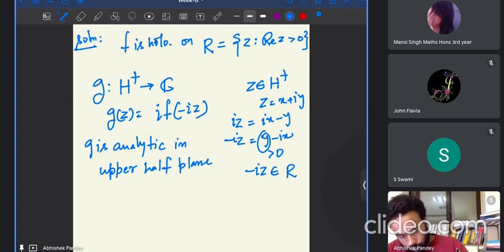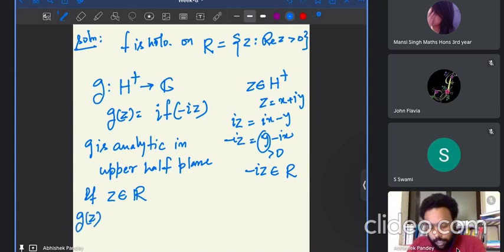Also, if z belongs to the real line, what would be g of z? If z belongs to the real line, it means y is 0. So ix, so minus iz means minus ix, which will be on the imaginary axis.